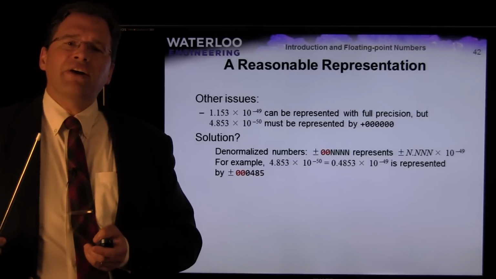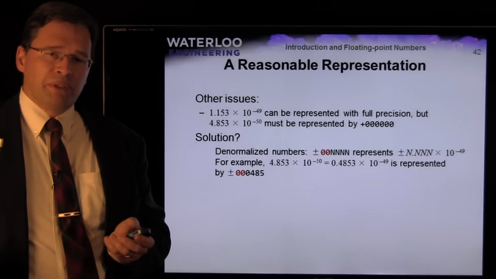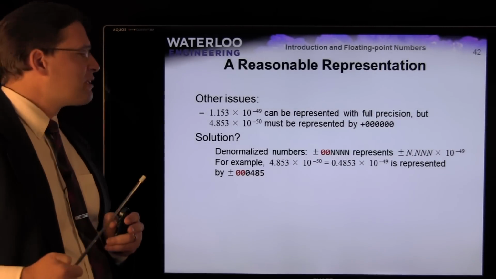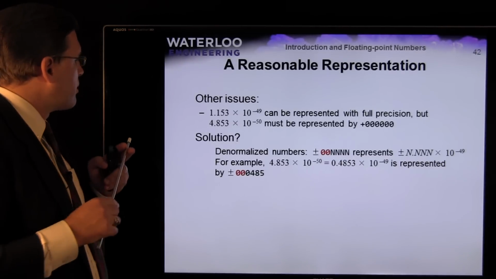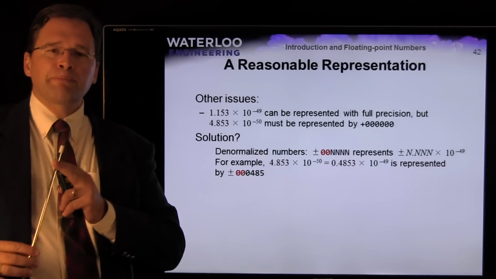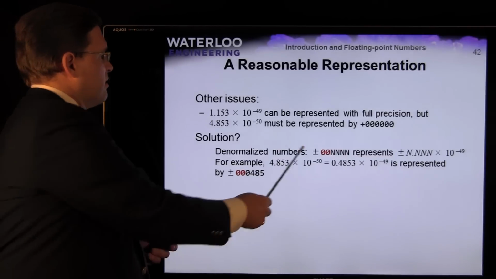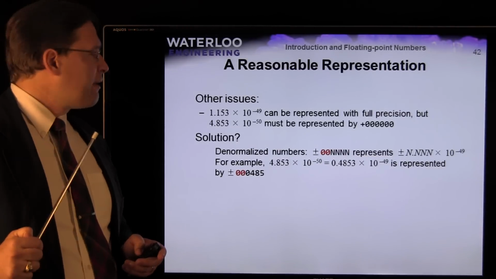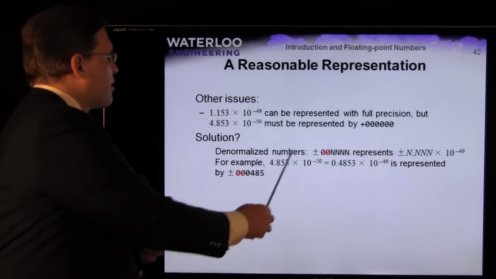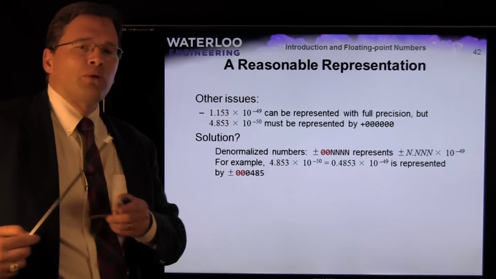Our relative error is larger, potentially, but at least we can store with something other than 0. So denormalized numbers are the special case where the exponent digits are all 0, in which case we actually allow the next digit to also be 0.